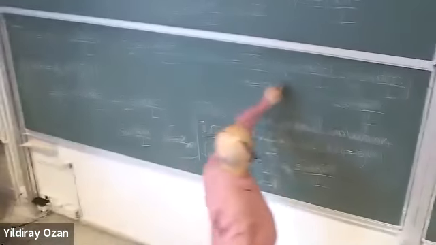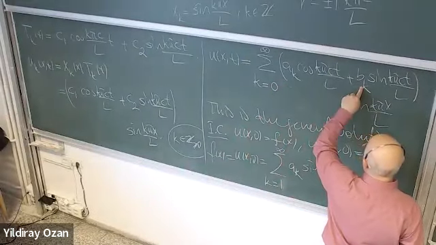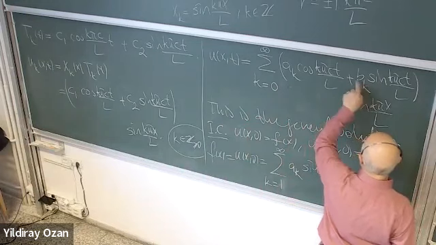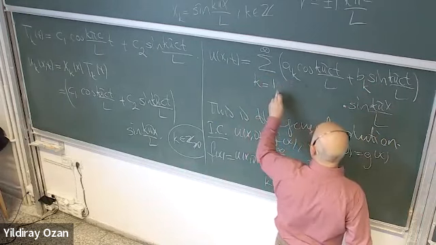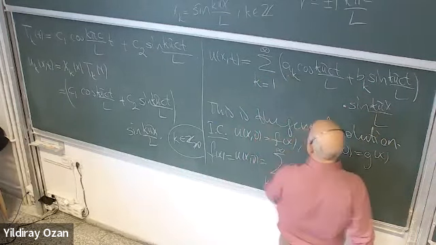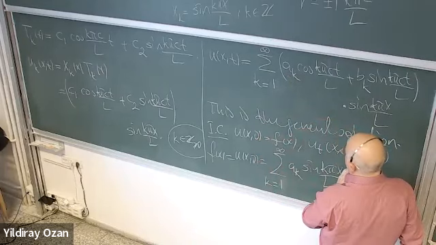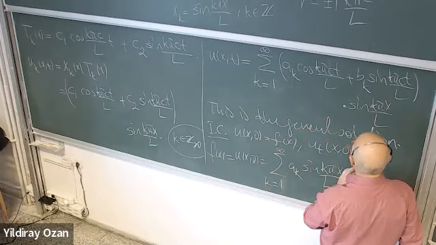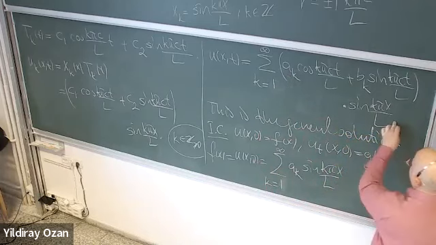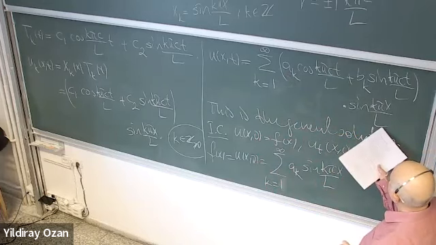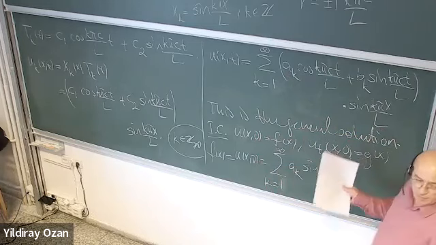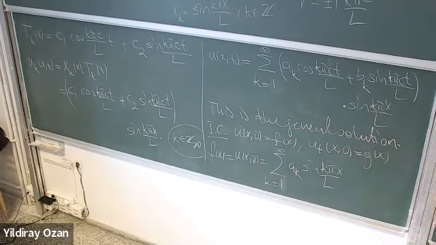Remember, for k equals 0, I don't have to deal with b 0 because this is already 0. Here I should start from 1. When we write 0 in place of k, this is already 0, right? Nothing actually comes from there.